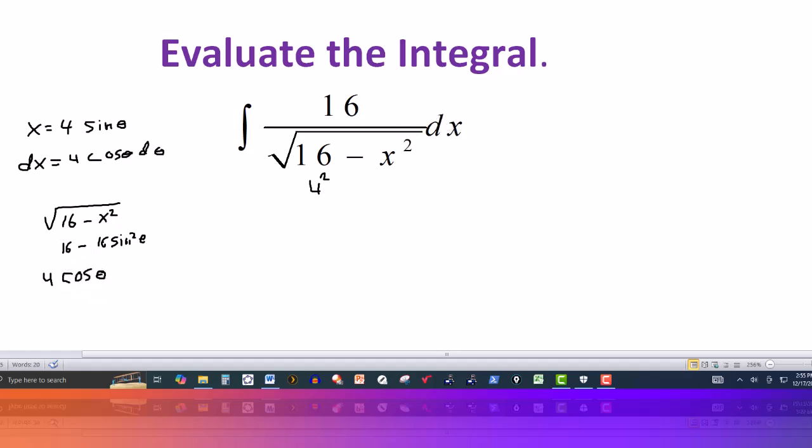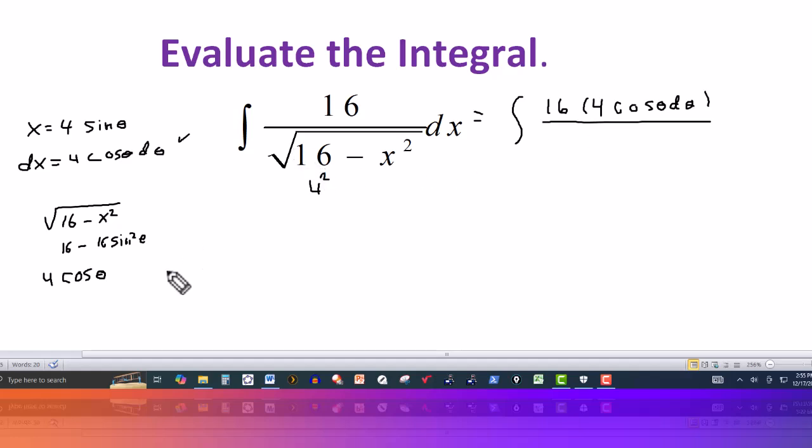So now we come back over here and convert the integral here. This will be 16, and then the dx right here would be 4 cosine theta d theta.